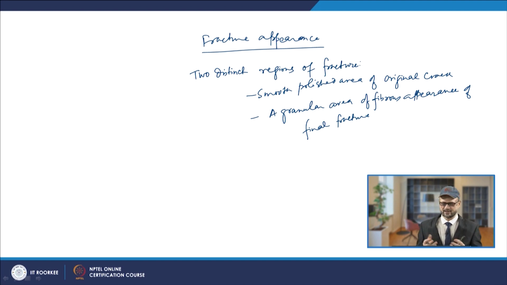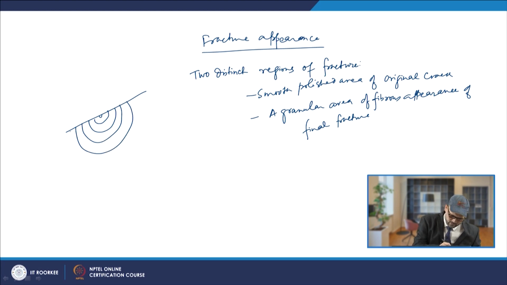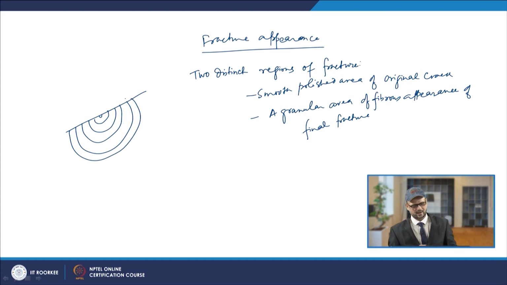These will be the two distinct regions which can be seen when a fatigue fracture takes place. If you try to visualize how the fatigue fracture looks, it has originated from here and then it will move like this. You will have a type of concentric lines in that case.